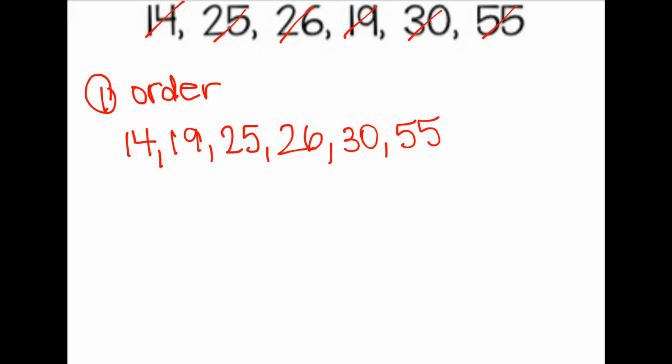In this data set, there's only one 14, only one 19, only one 25, 26, 30, 55. There isn't any mode.